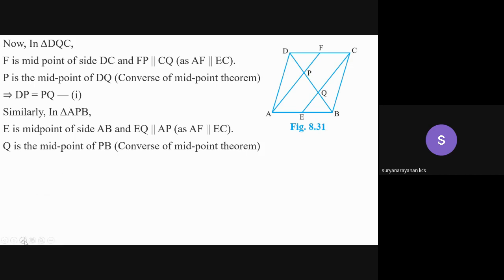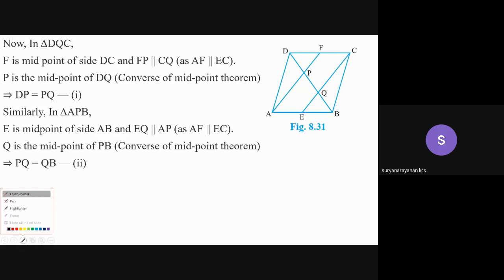Since Q is the midpoint of PB, how can you write? PQ is equal to QB. Yes or no? We can write this statement in the form of an equation as PQ is equal to QB. Let us consider this is result 2.